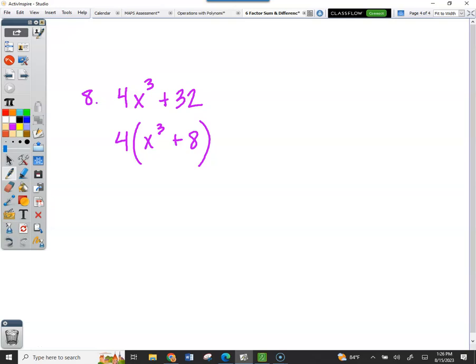Then recognize that the binomial left is a perfect cube. 4 comes down for the right. Cube root both of them. Square that. And multiply them together. Same, opposite, always positive. That would be it.